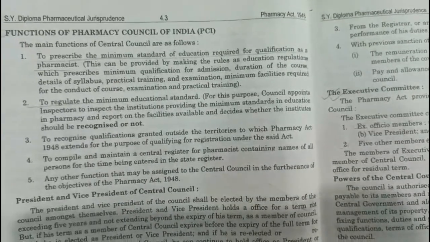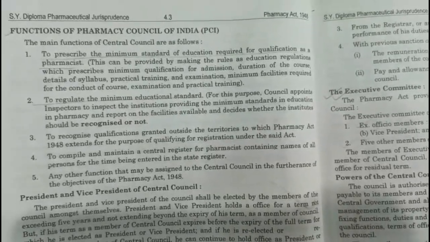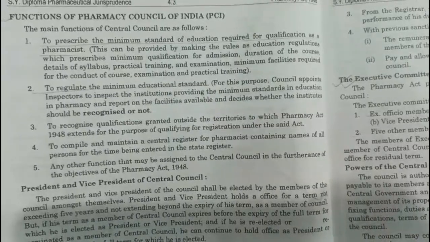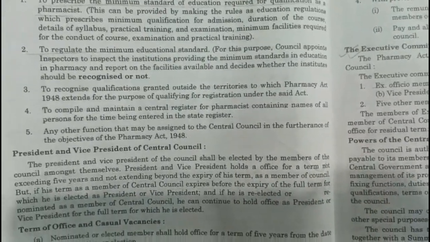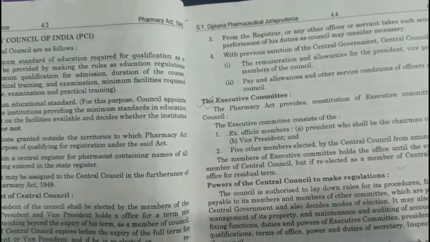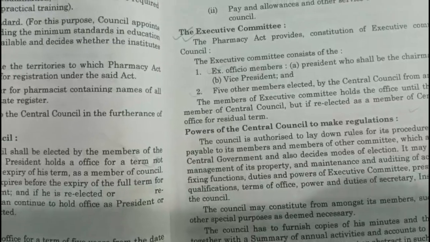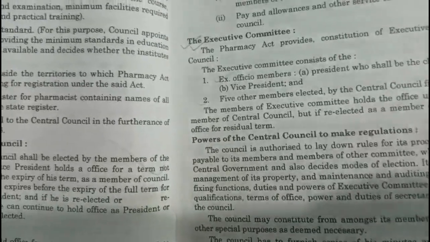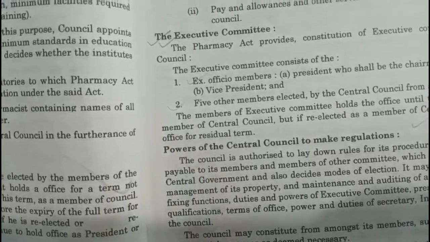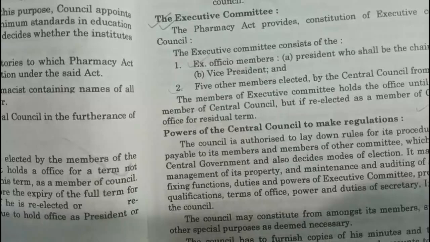They may ask you about the functions of PCI, that is, what are the functions of PCI. That is a separate question. When you are asked the brief question, you have to write up to the executive committee.